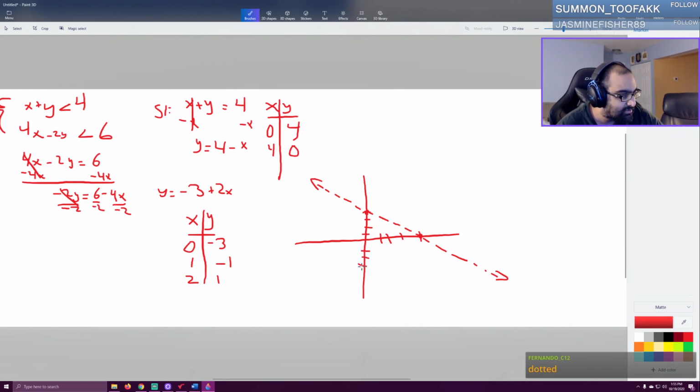So let's put in that point. 1, comma, minus 1. 2, comma, 1. There we go. Okay, and what kind of line do we want to put between these 3 points? Do we want to put a solid line or a dotted line?